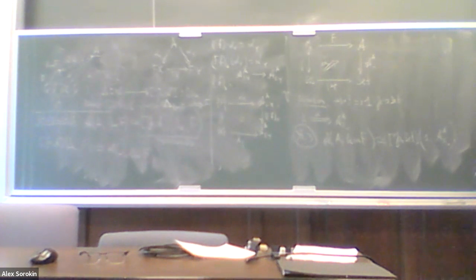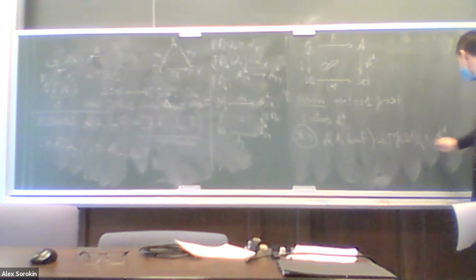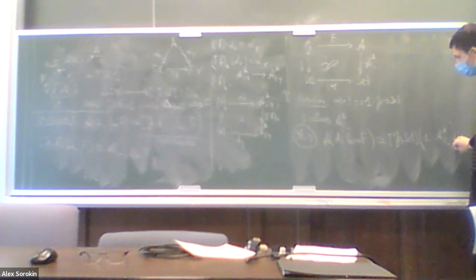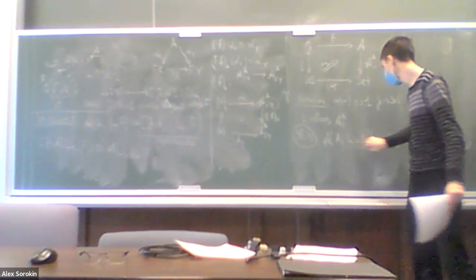We have again such an isomorphism. These are all cones over F. It's a functor of A, and this functor is representable by lim F again.